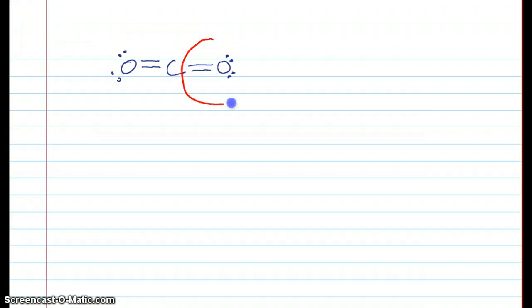Right, so that oxygen has 2, 4, 6, 8 electrons. And the other oxygen is in exactly the same boat.